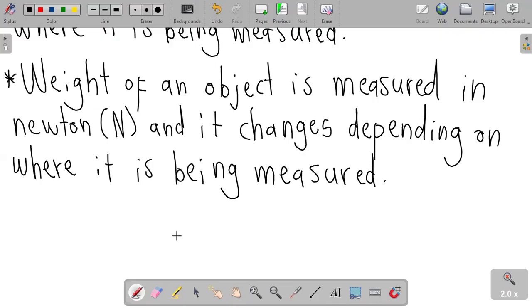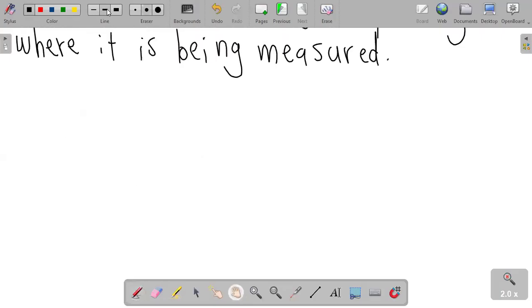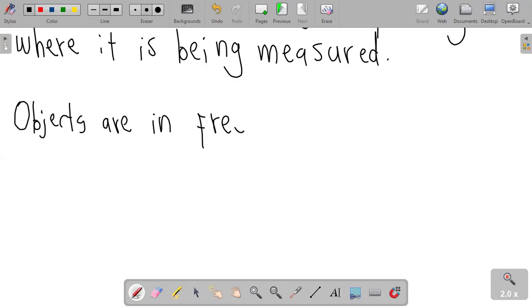And then the other thing is free fall. So what is free fall? We say objects are in free fall. Free fall is the key word here.